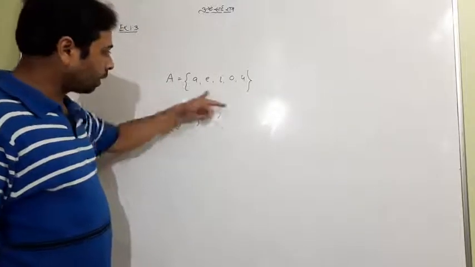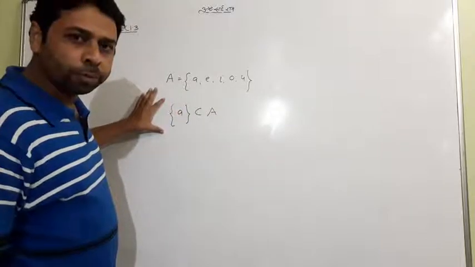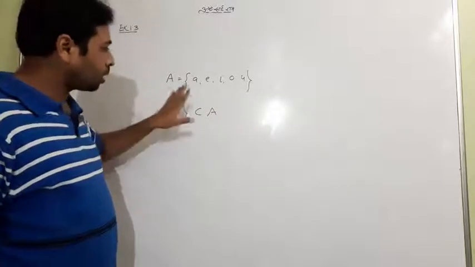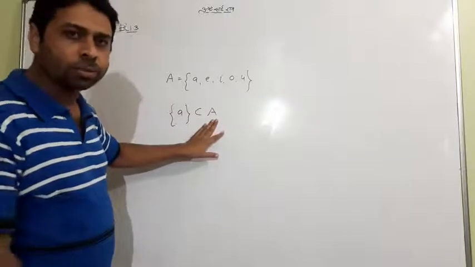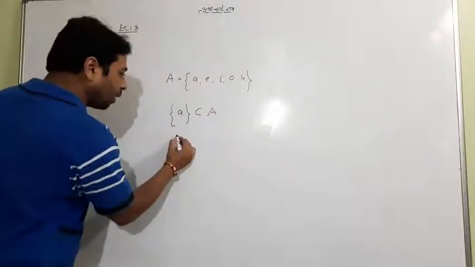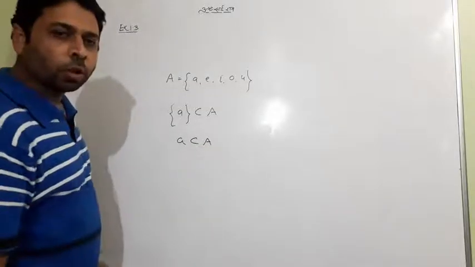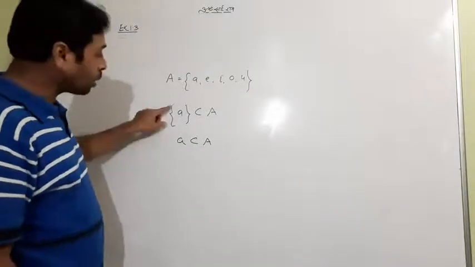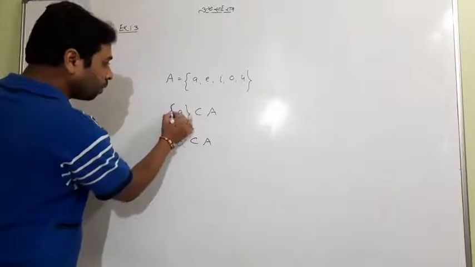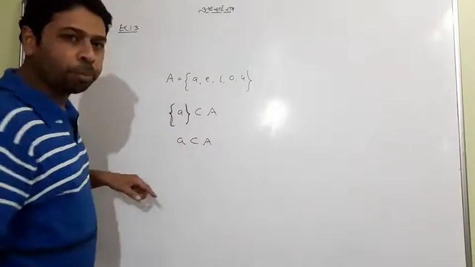And then I just want to rub that and raise this problem. Is this a subset of A? Yes, it is a subset of A. But instead of that, if I write A subset of A, this is a wrong sentence, because for a subset we have this format, meaning set format.